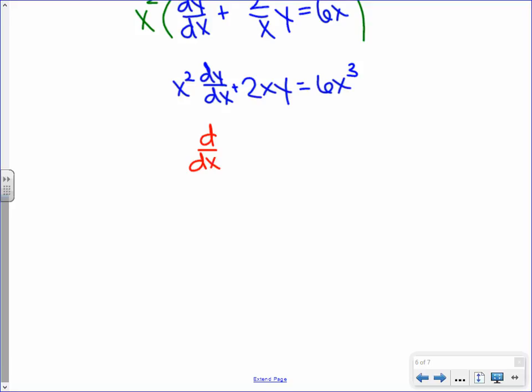So this addition is the product rule for x squared times y. Is that what you said?